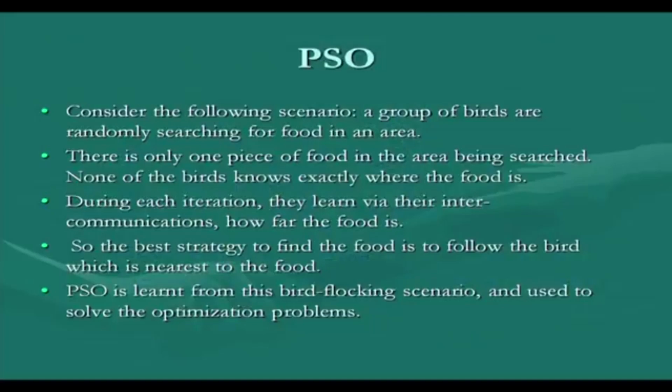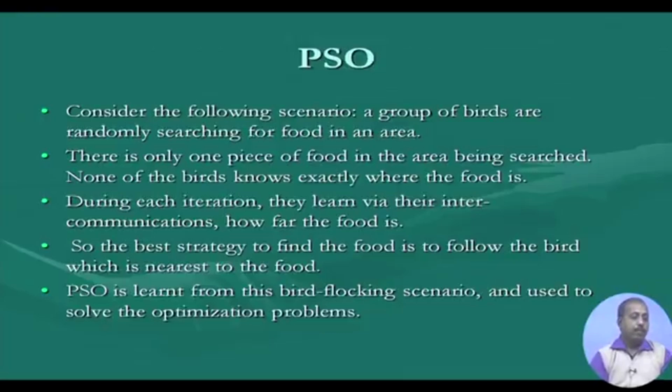So, the bird which has the best idea tells other birds, okay, this is the current best estimation, and all other birds compare their estimate with that estimate, and accordingly take some decision to fly. So, the best strategy to find the food is to follow the bird which is nearest to the food.